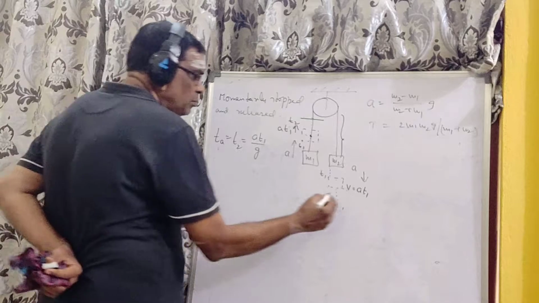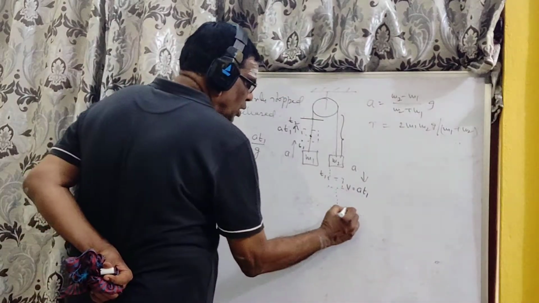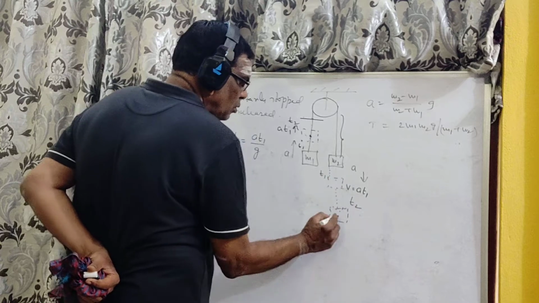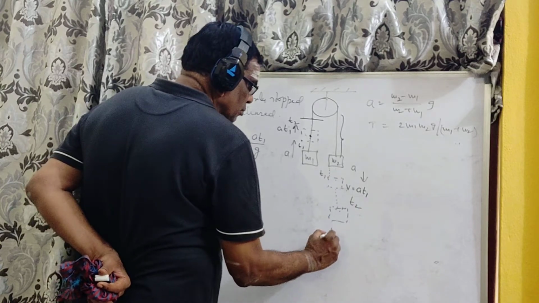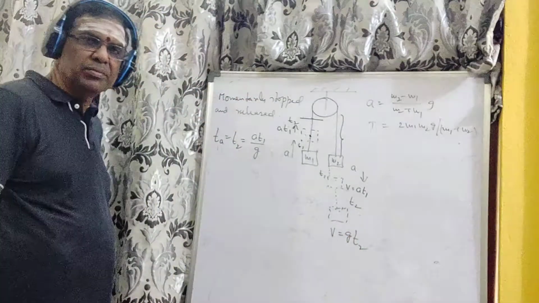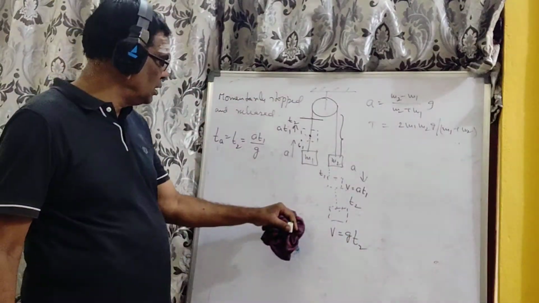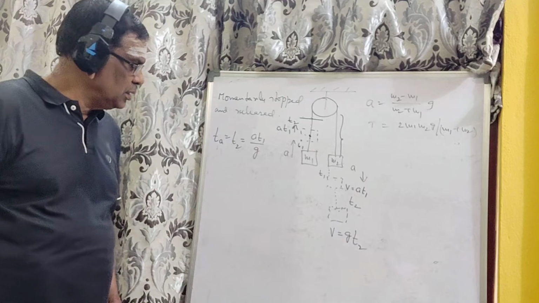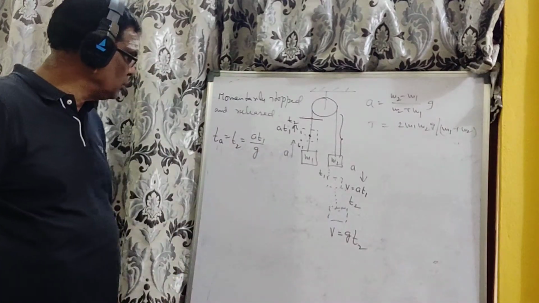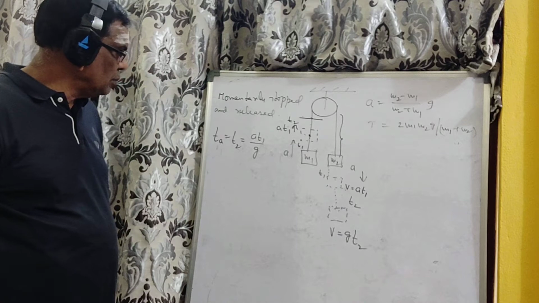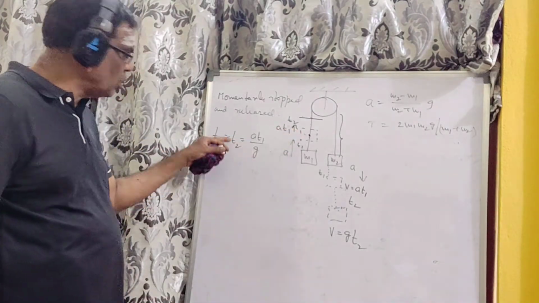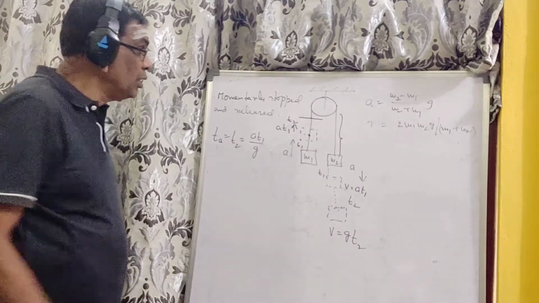In the same time t2, what is the velocity here? Starting from 0, in t2, v is equal to at. That is g t2. You understood this point? g t2. And if you take AT1, that initial velocity will also become g t2.